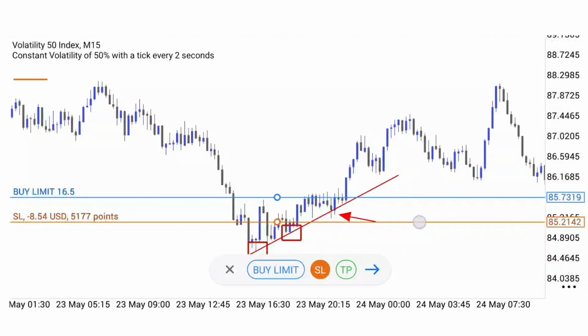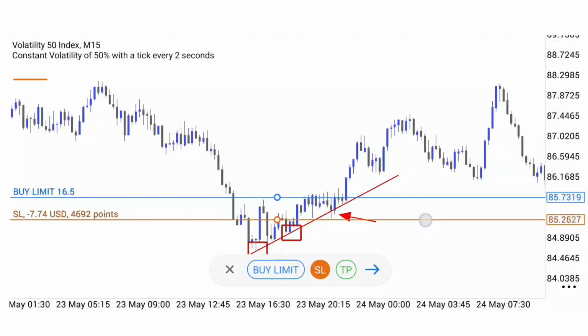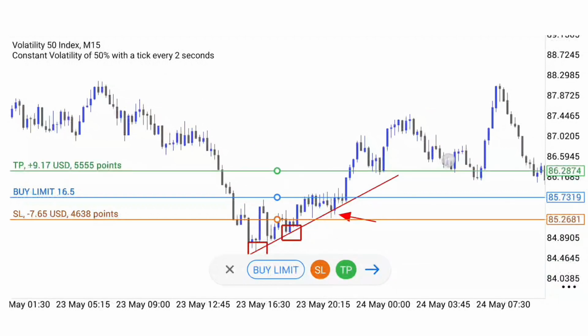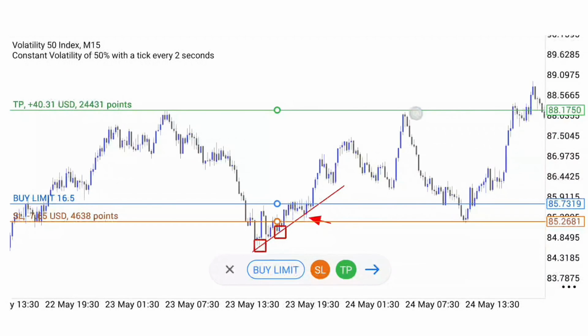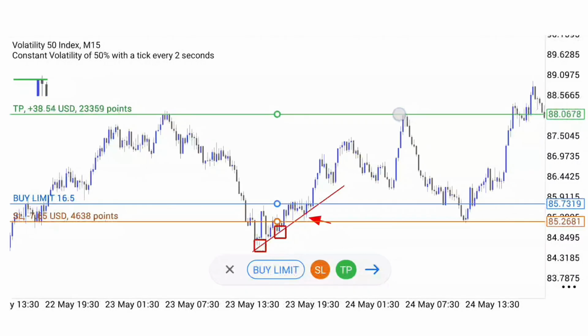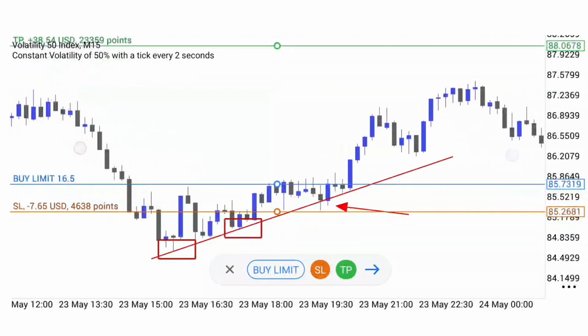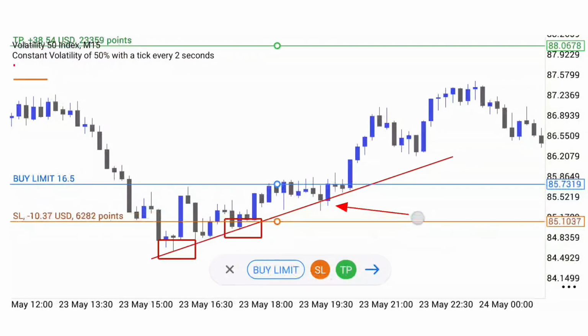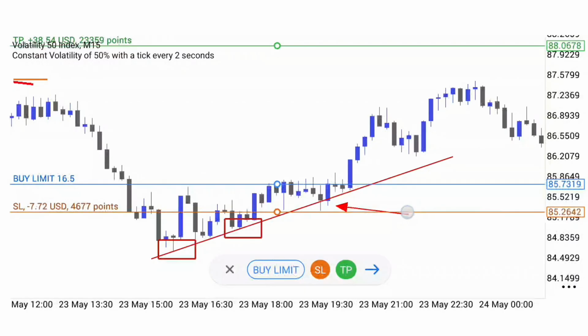Don't wait for a retracement, because most times you're not going to get a retracement for a lower price movement. So place your stop loss just below the last candle for the engulfing, just below it there, or just below the engulfing if the engulfing was the lowest point.